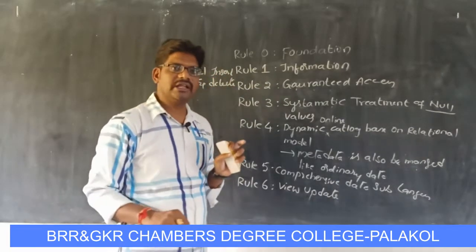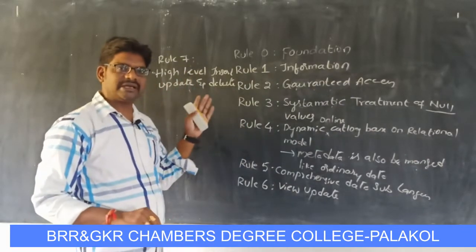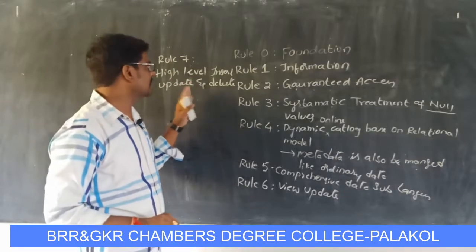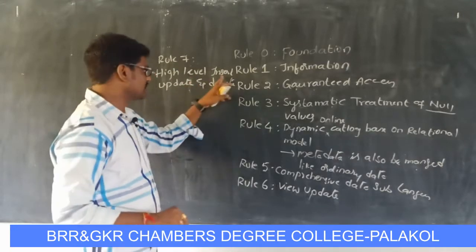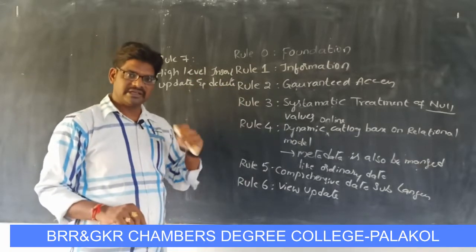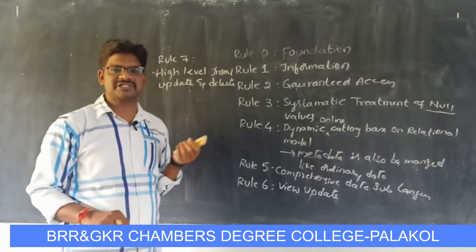Not only these operations, but the union, intersection and all these operations are to be maintained within the database. You have to perform all these operations in the relational database.